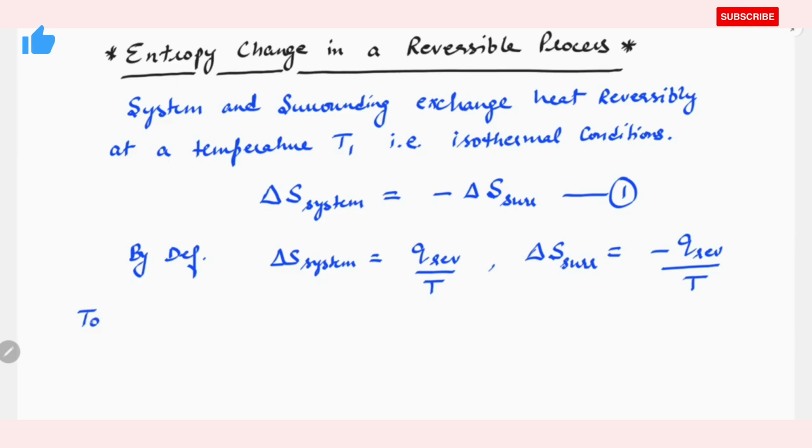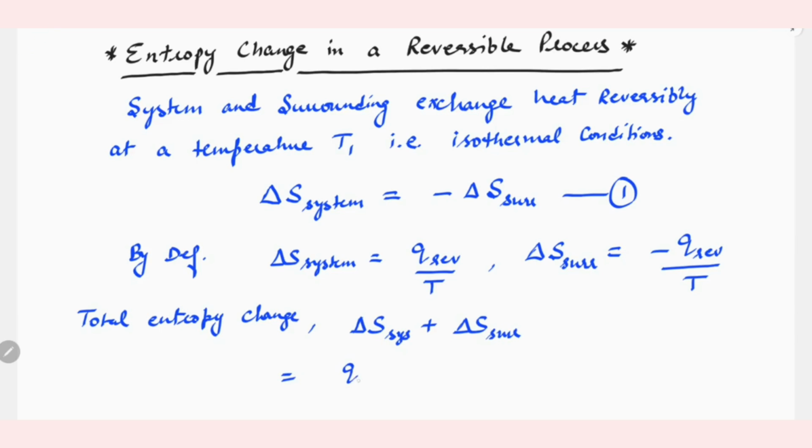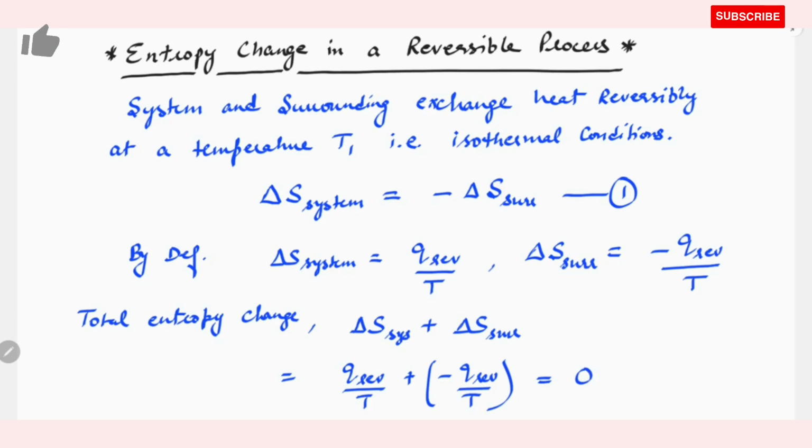So, total entropy change is basically the sum of both changes, that is delta S system plus delta S of surroundings. This will give you Q reversible by T plus minus Q reversible by T, which will be equal to 0.